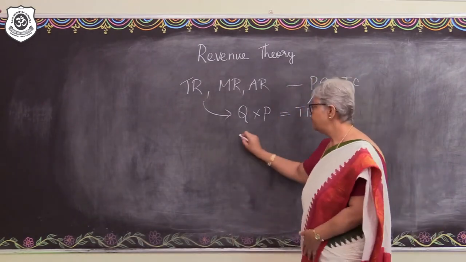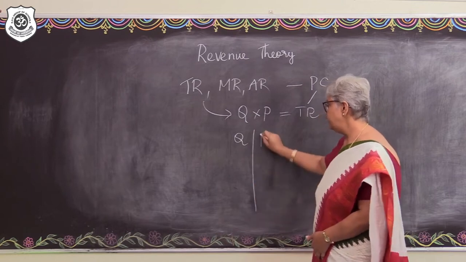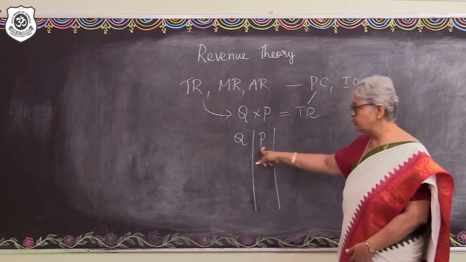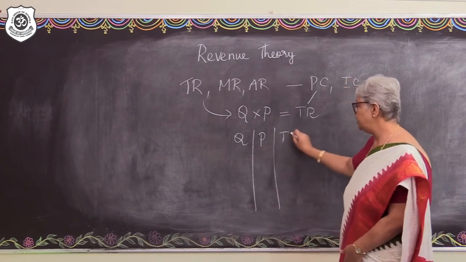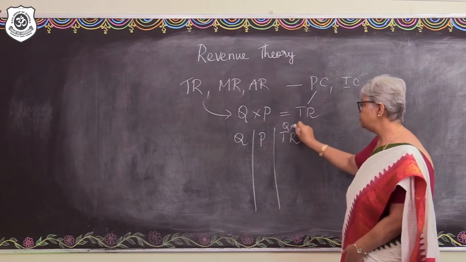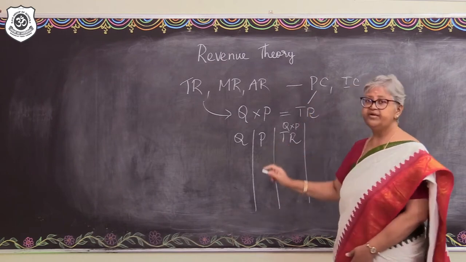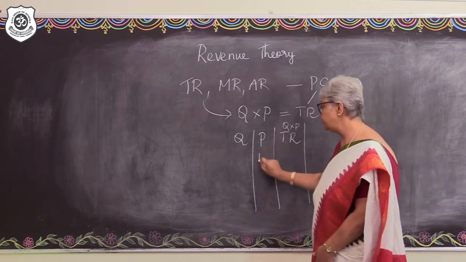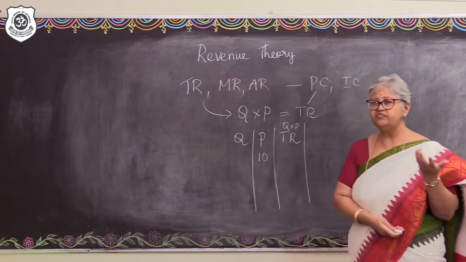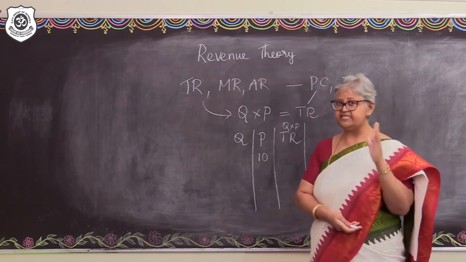So, the units of output and then the price at which the product is going to be sold, and then the total revenue, which is going to be calculated as Q into P. And in a perfectly competitive market, I have already told you, price will remain constant. Whatever be the amount of output that is going to be sold, it will be at the same price.